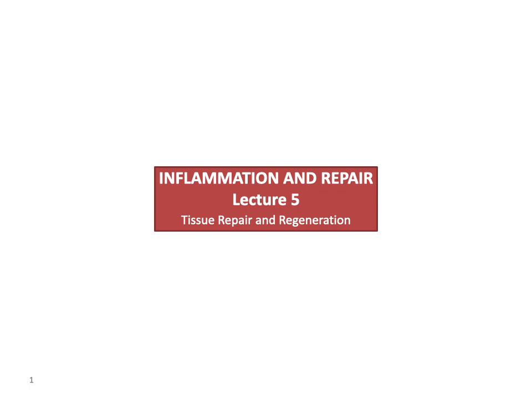As mentioned, I split the chapter on inflammation into two major groups. The first group talks about acute inflammation, and the second group of lectures talks about chronic inflammation and repair.